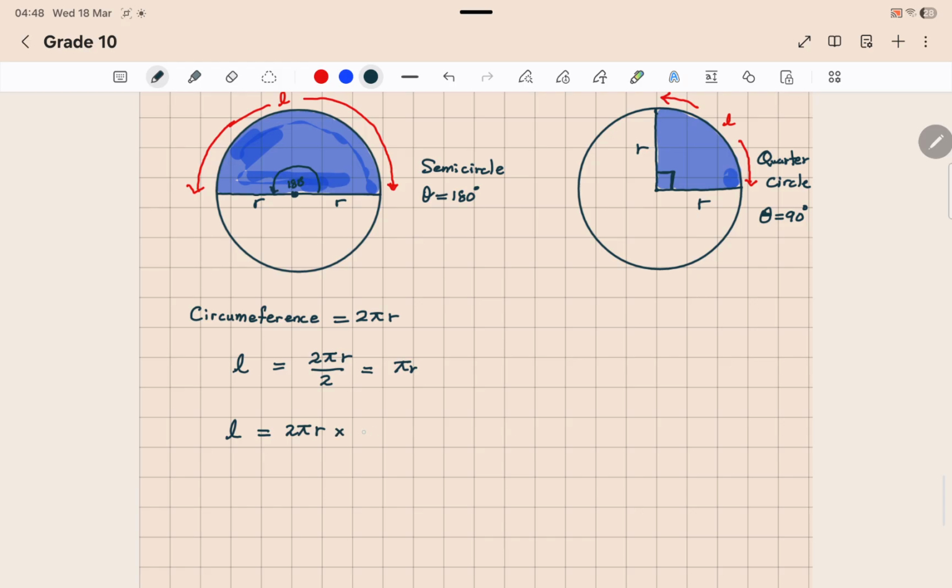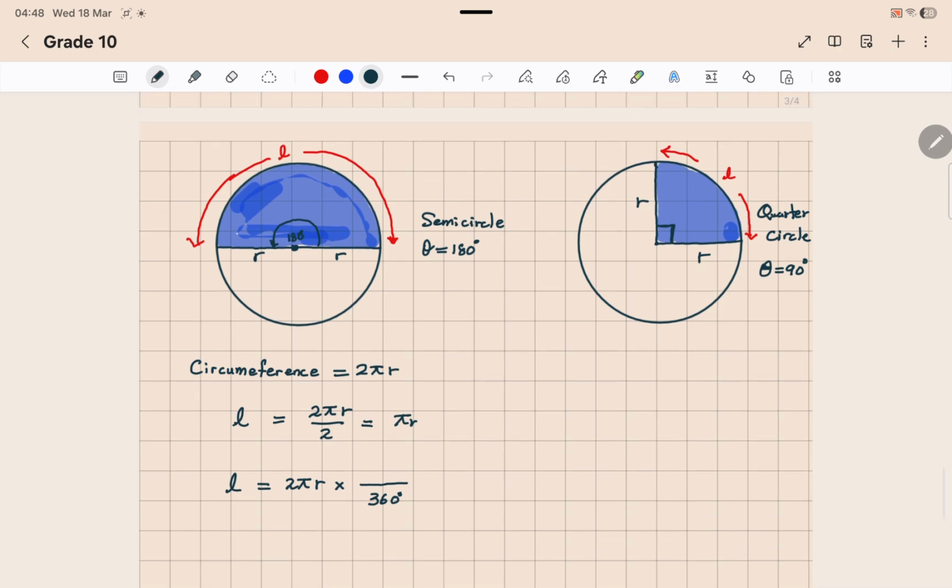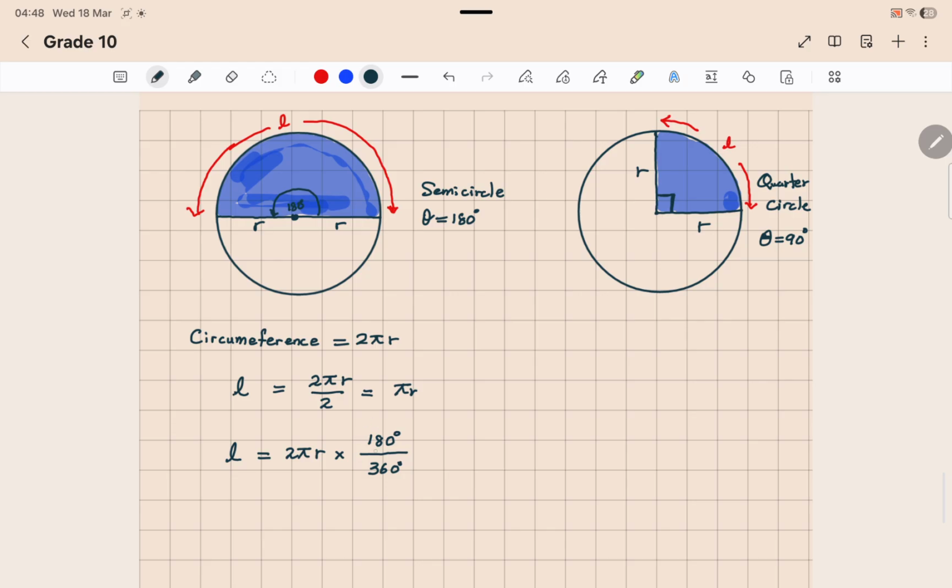The total angle of a circle is 360 degrees and a semicircle has 180 degrees. 180 and 360 cancel, you get half, which gives you 2 pi r times half, which is pi r. Then you can follow the same method to figure out the length of the quarter circle arc.